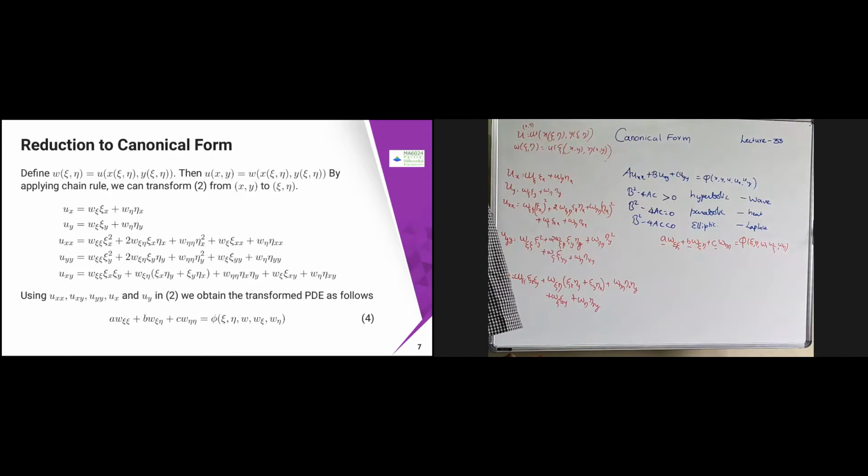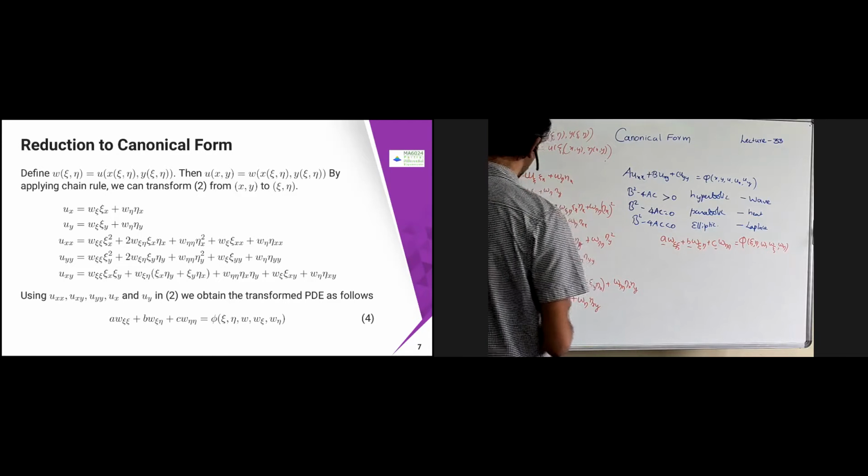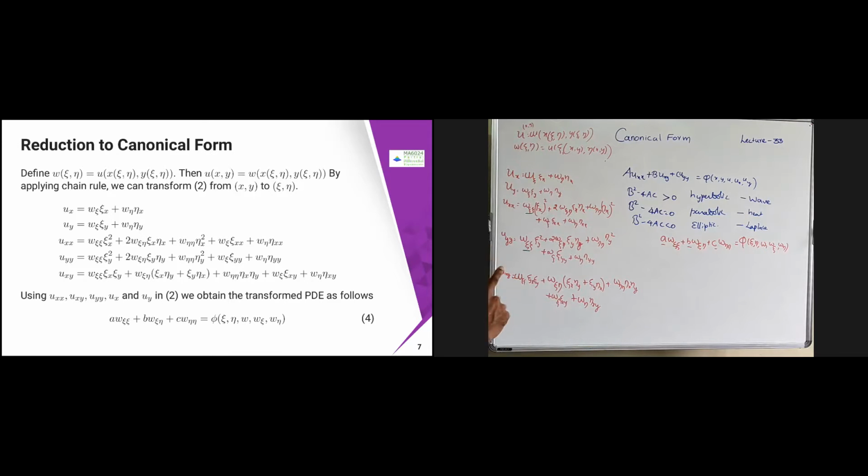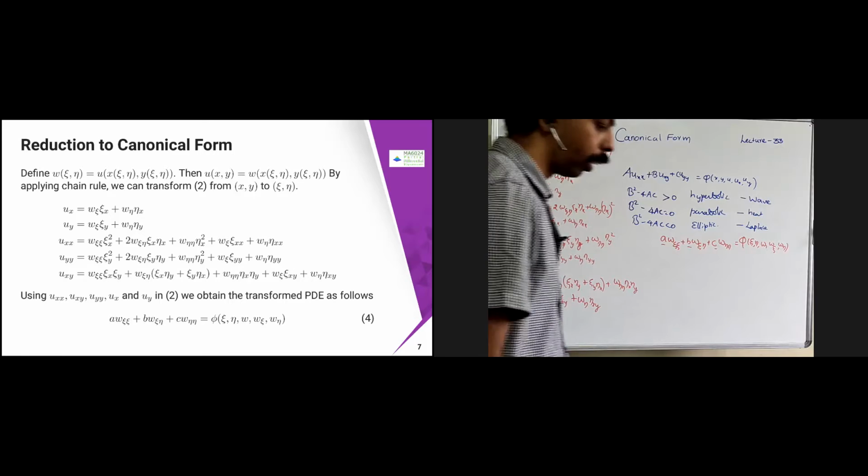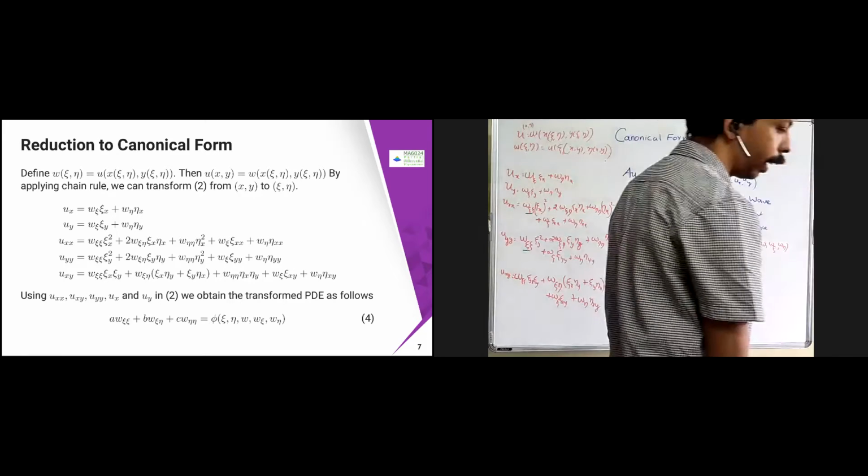Okay, so if I just collect the w chi, then in this case I'm going to get, there is a w chi here, there's a w chi here. Any other w chi, nothing is there. Only these two. So in that case I'm going to get a into w chi into chi x square.